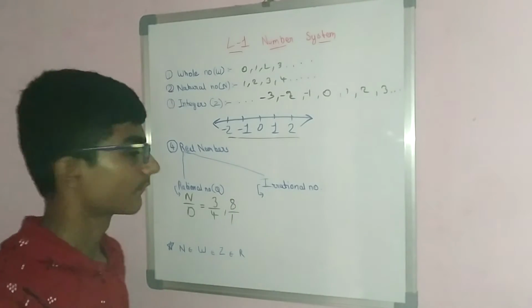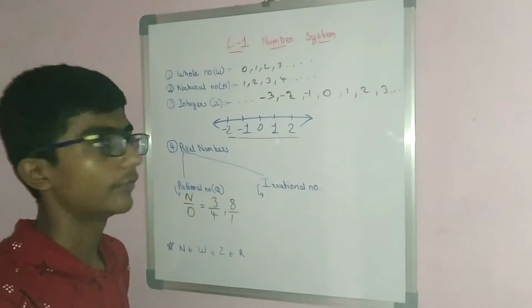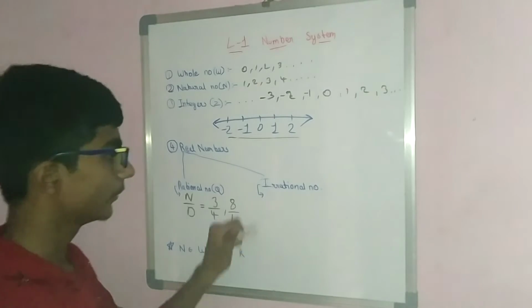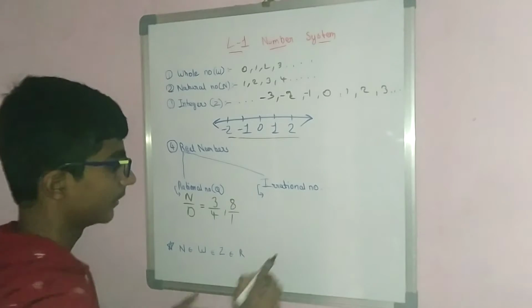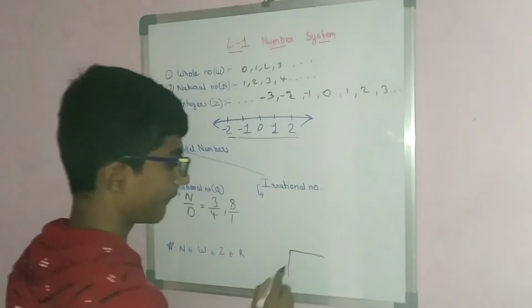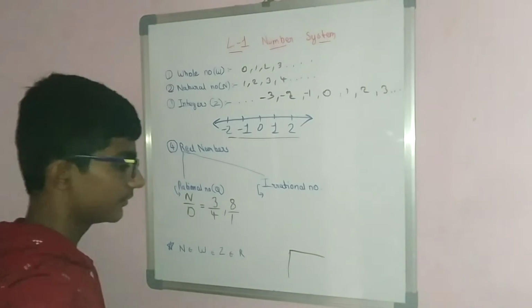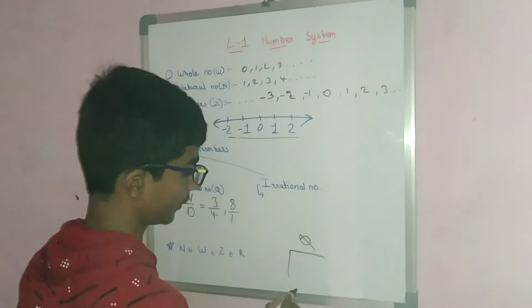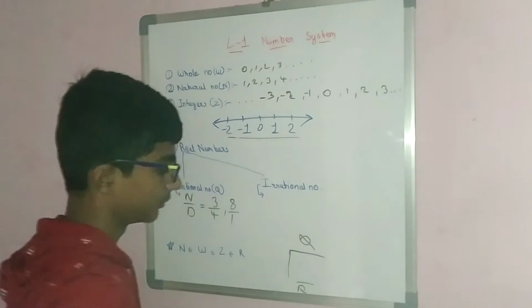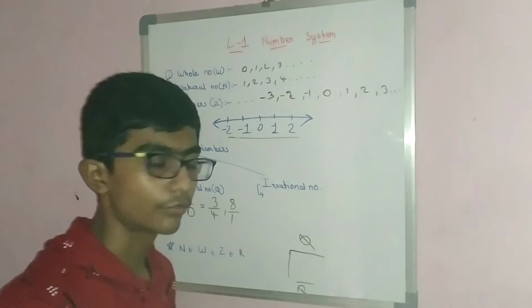So now, irrational numbers. I hope that you have understood the previous topics. Irrational numbers, let's say here is our division box. Now in here comes the quotient, and here is the remainder. But we are only talking about the quotient.